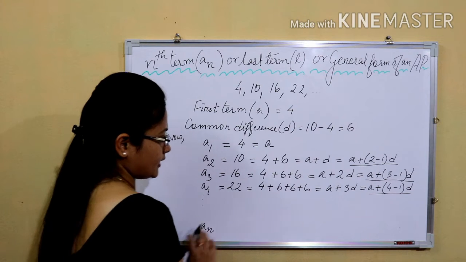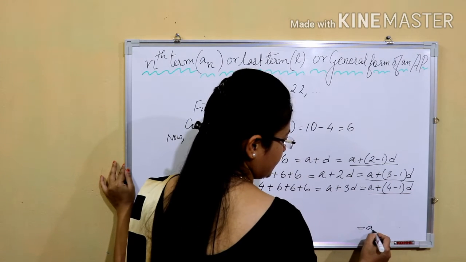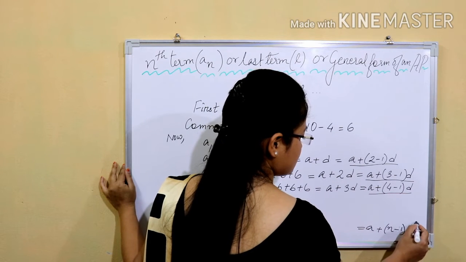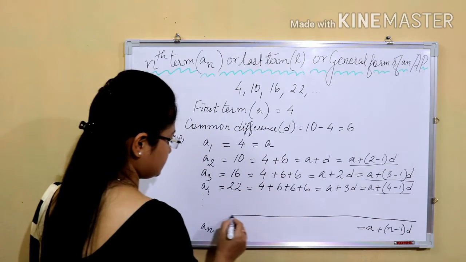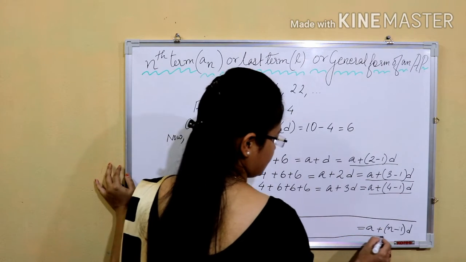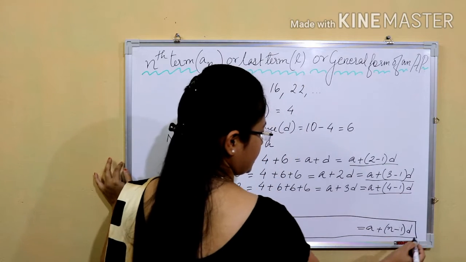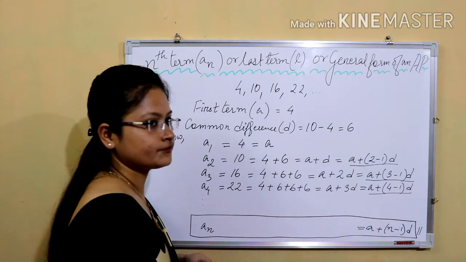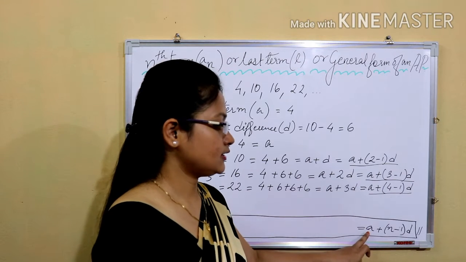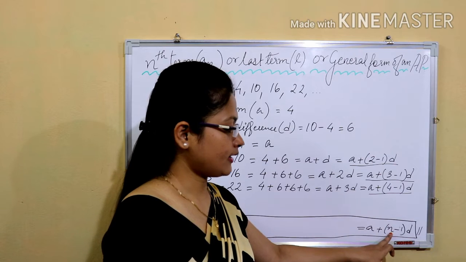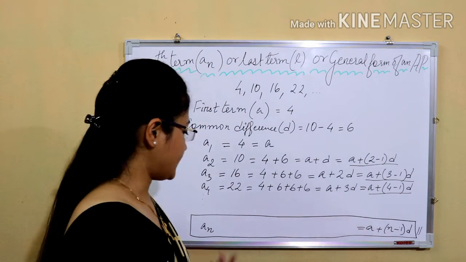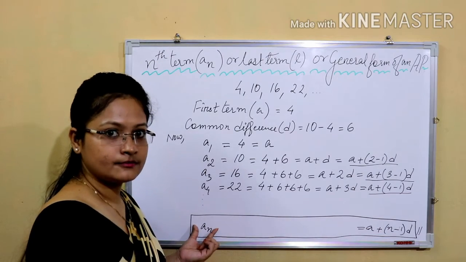AN can be written as A plus n minus 1 D. So we got the nth term, which can be written as AN is equal to A plus n minus 1 D, where A is the first term, n is the number of terms, D is the common difference, and AN is your last term or nth term.